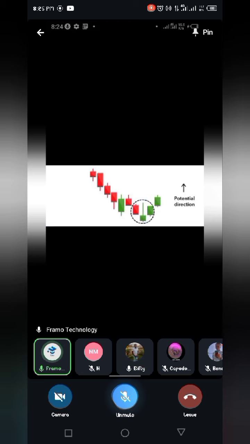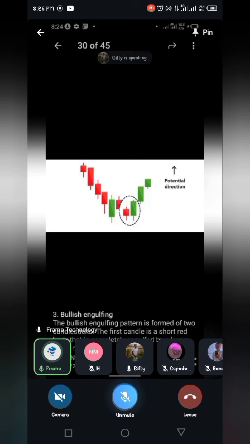So we go to the third one. This is the bullish engulfing pattern. With the bullish engulfing pattern, you have to see two candlesticks at the bottom of the downtrend. There will first be a short red candlestick, followed by a green candlestick.